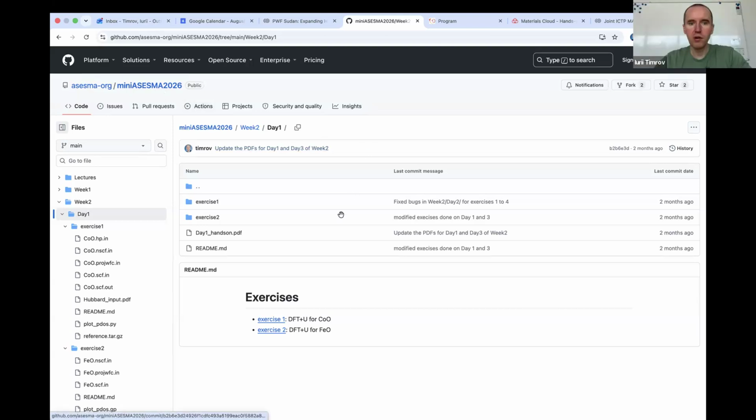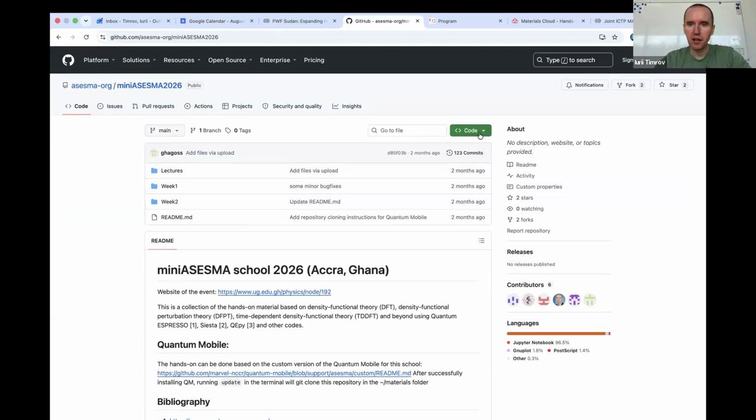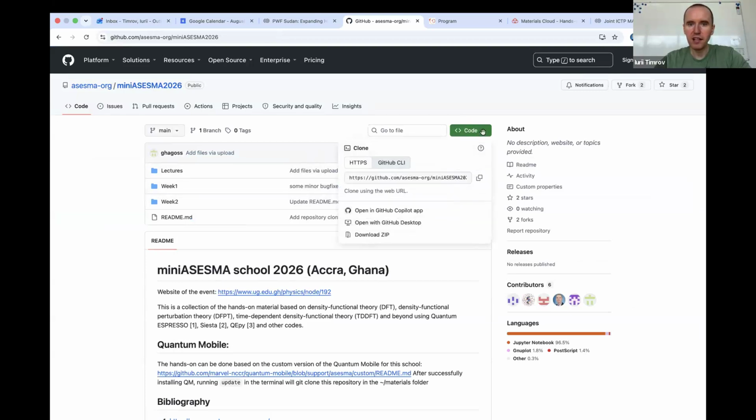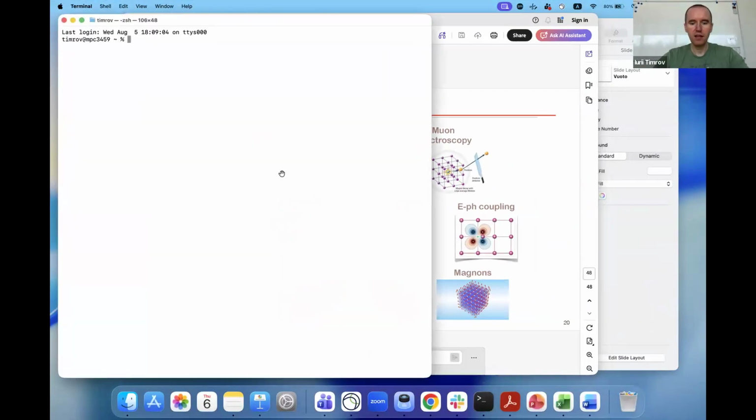Thank you. Now, how to download this tutorial? You need to click on mini assessment to go here, and then there is this green button, code. You click on it, and then you can download it. One way is to click download zip here, or if you're familiar with SSH, you can copy the URL to the clipboard and open a terminal.